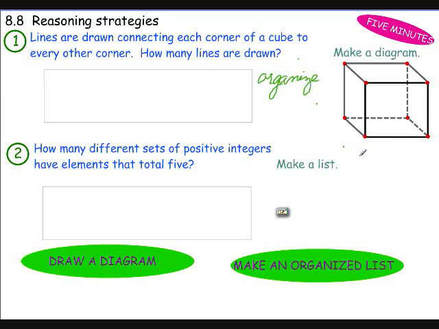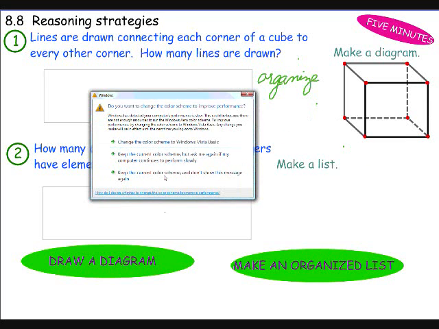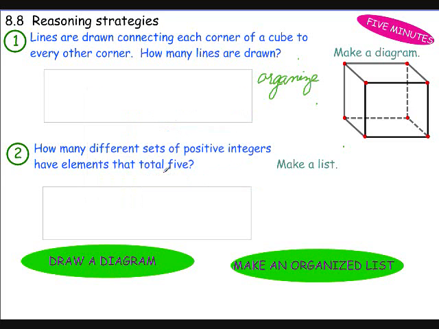That would account for all of it, wouldn't it? Well, connecting the 4 corners at the top, we have 4. Connecting the 4 corners at the bottom, we have 4. Connecting the top and the bottom, we have another 4. So we're up to 12.